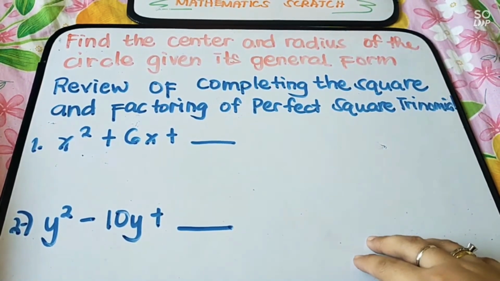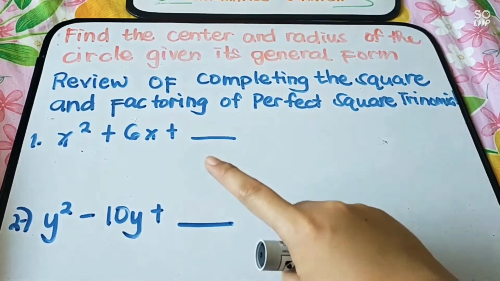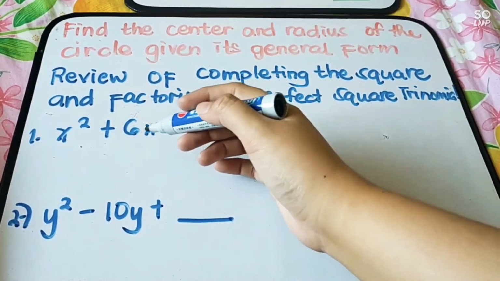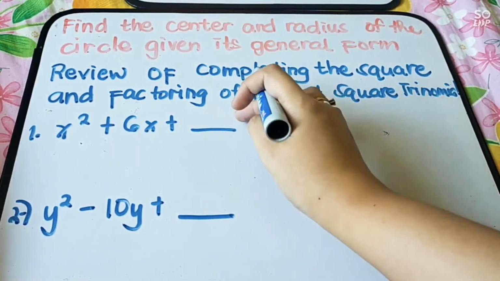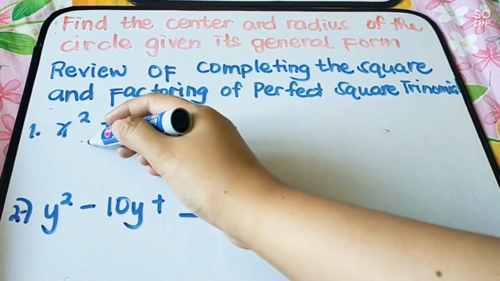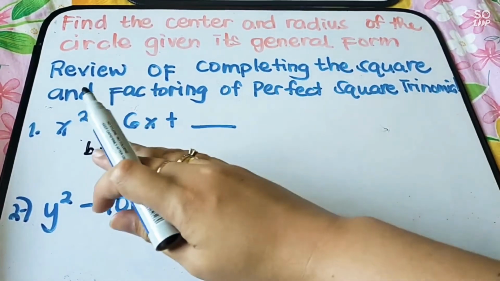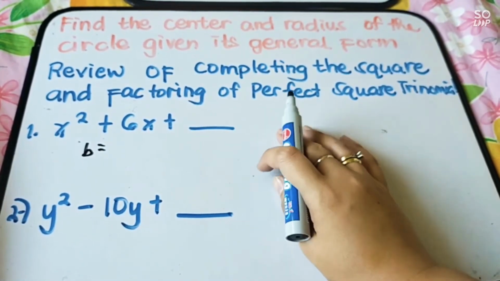Is it clear? So, we have the first one, x squared plus 6x plus blank. We are going to complete the square. So, for us to complete the square, let us find the b.